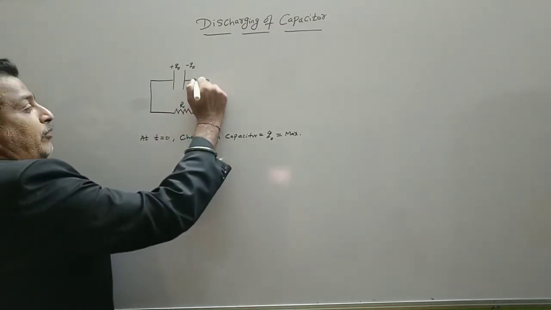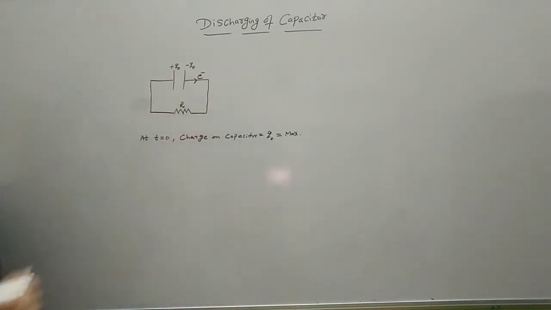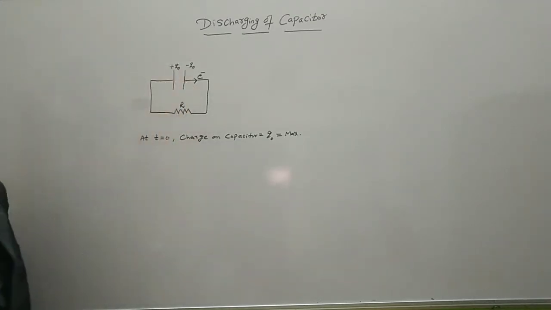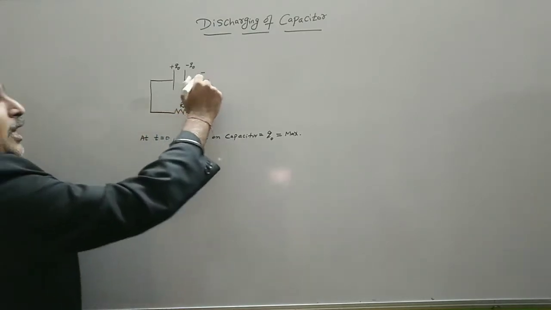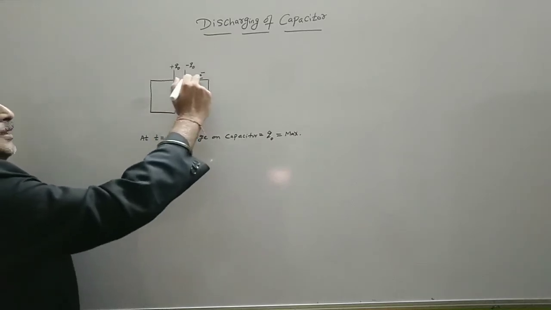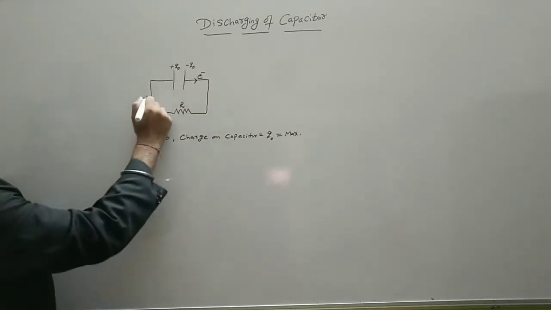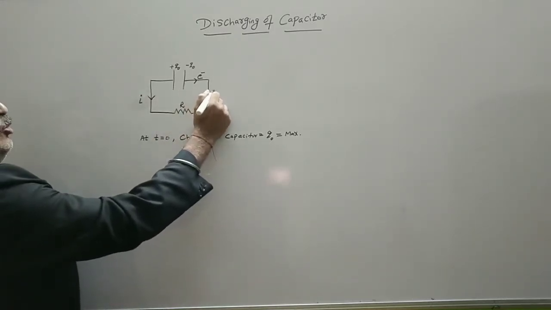The electrons will flow from the negative plate to the positive plate. It is the opposite of charging. In charging, we deposited electrons on this plate. Now these electrons get a conducting path, so they start flowing in the opposite direction. This is the direction of the electrons, and therefore this will be the direction of the current flowing in the circuit.